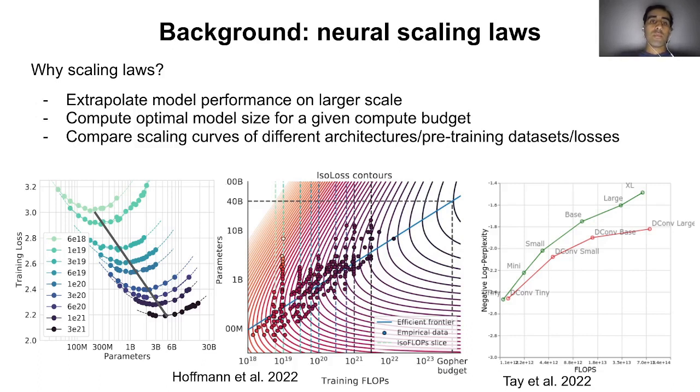They can be used to compute the optimal model size and number of epochs to train on for a given fixed compute budget, which is often the case. They can also be used to compare different architectures, pre-training datasets, or different kinds of losses in terms of their scalability, to focus on the most promising ones.